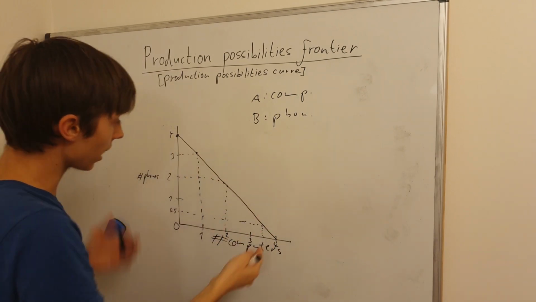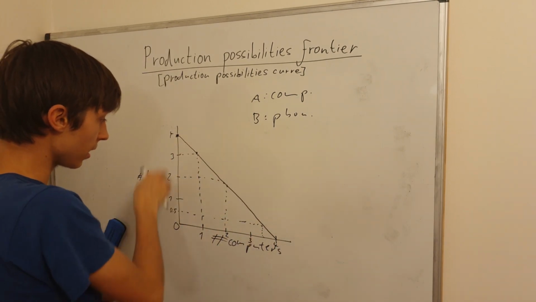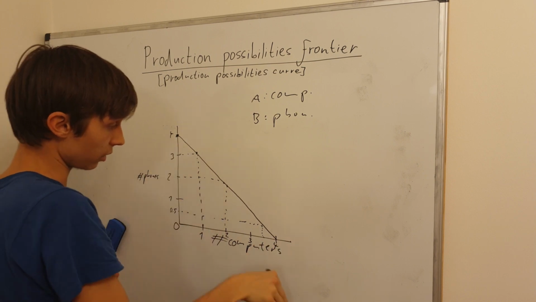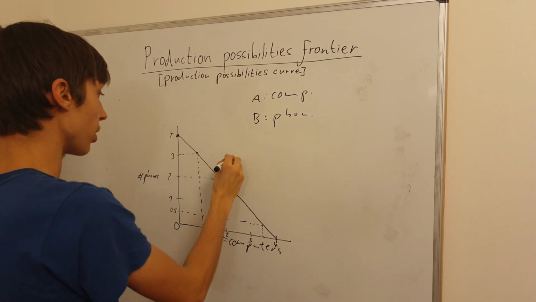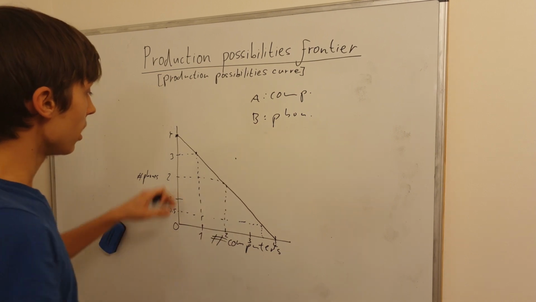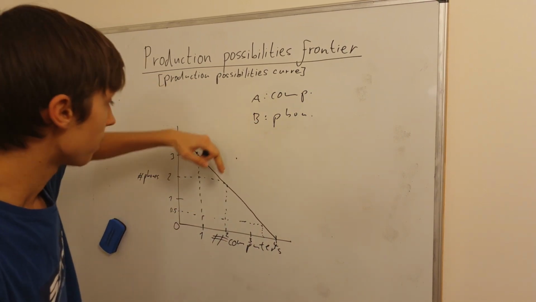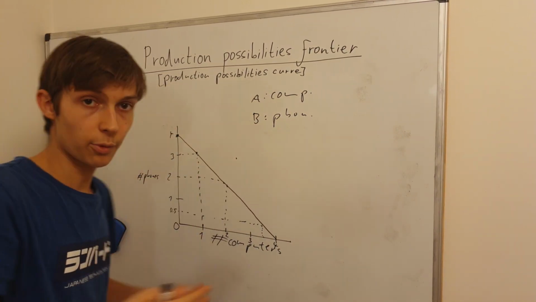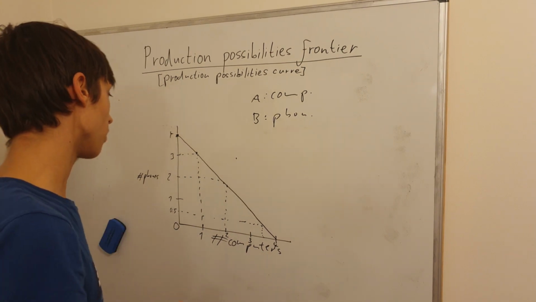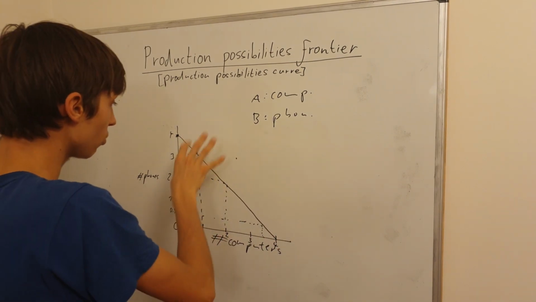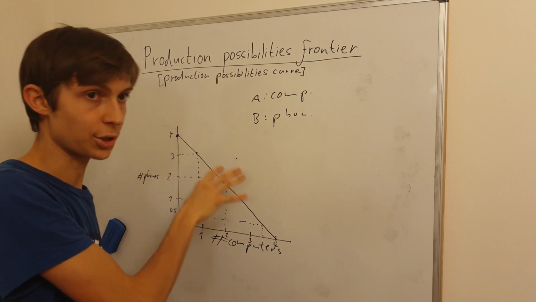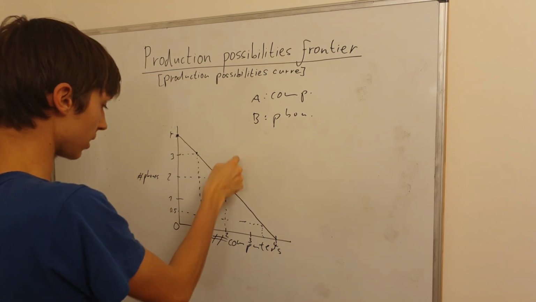And by inside the curve, again I mean the area bounded by the axis and the curve. If you go here, that's not possible because there's not enough resources for that. So being outside the curve means there are not enough resources for such an amount of phones and computers.